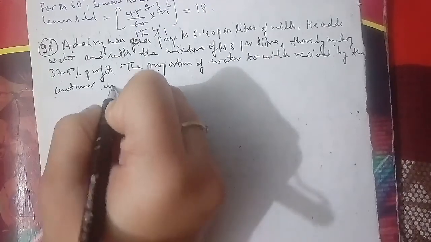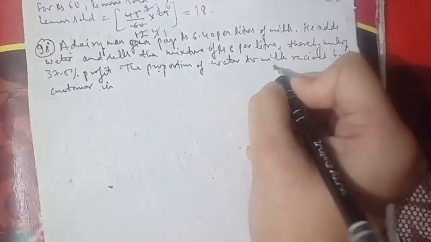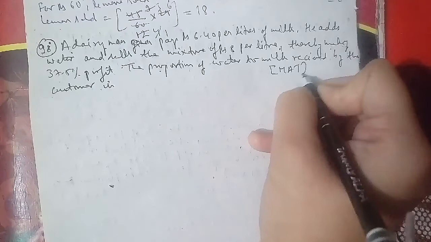The mean cost price equals rupees 100 upon 137.5 into 8, which equals rupees 64 upon 10.